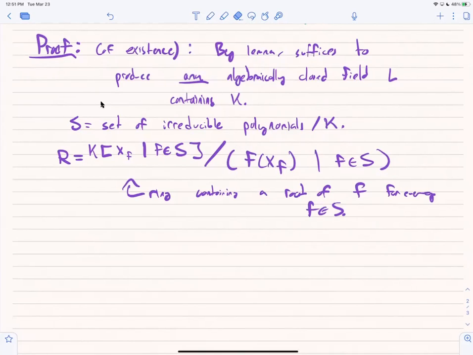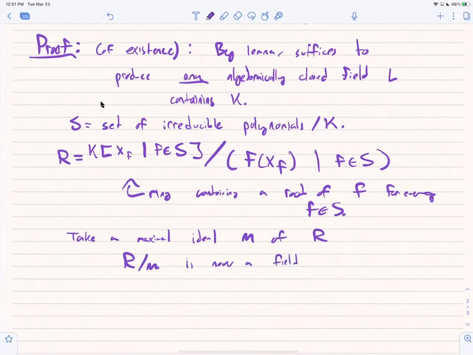So let me take a maximal ideal M of R, and R mod M is now a field containing K.